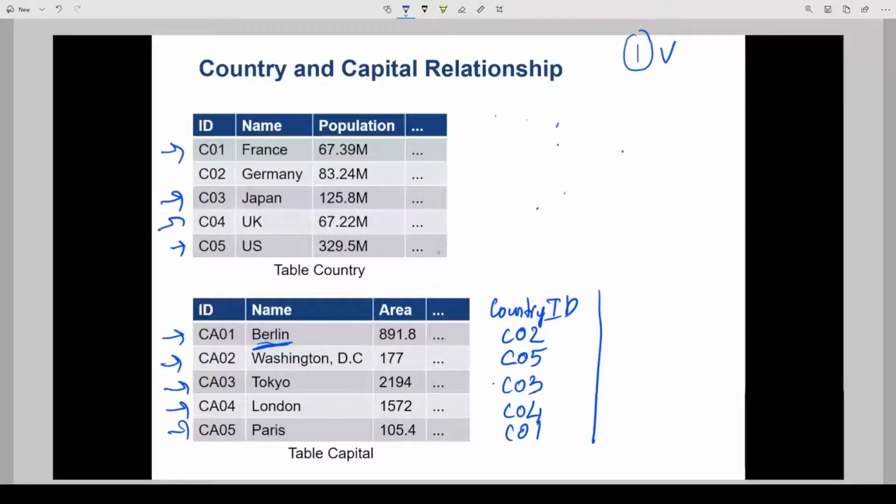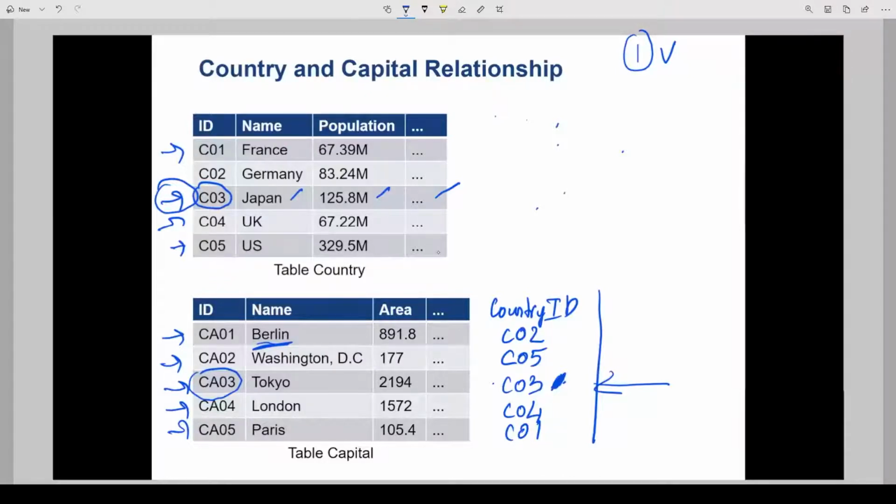And again, given the capital ID, so C03, we can follow this record, and then we can get the respective country ID, and from the country ID in here, we can easily retrieve all the other attributes. So from the capital ID, we can get the country ID.